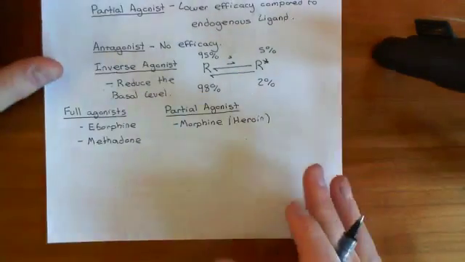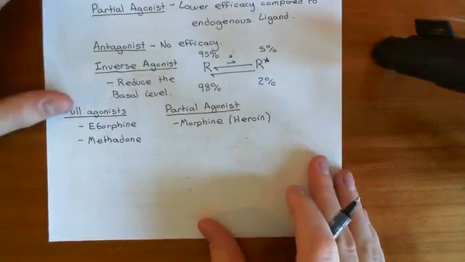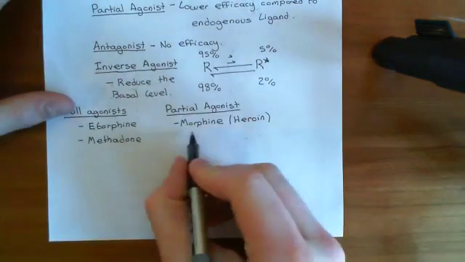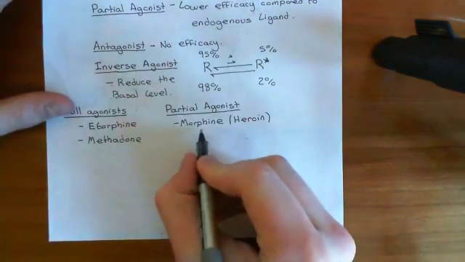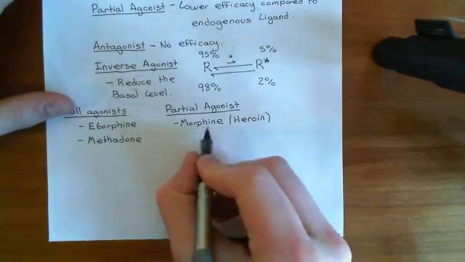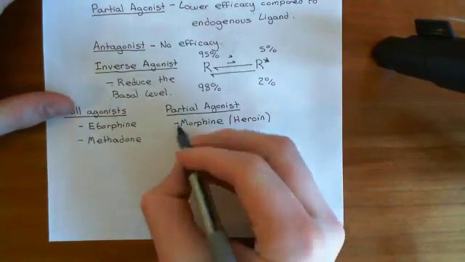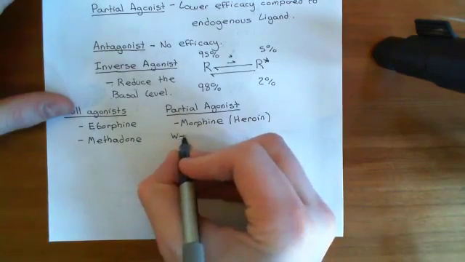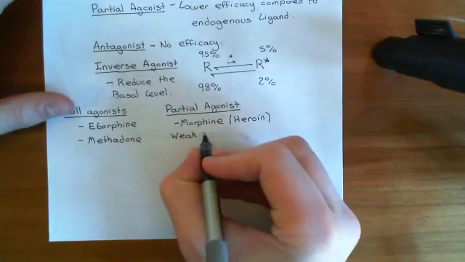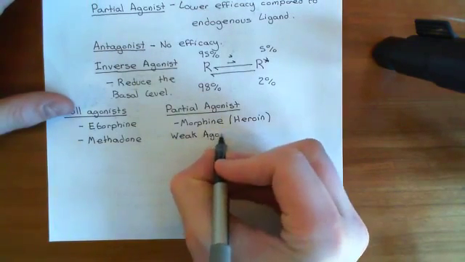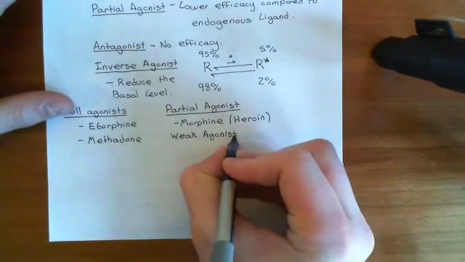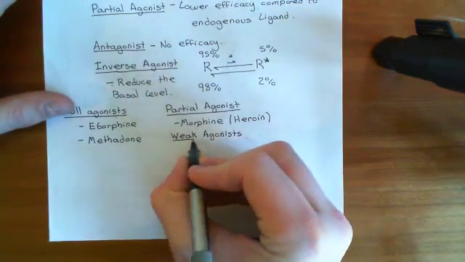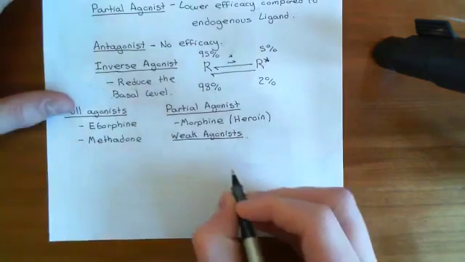Right. Other examples of partial agonists are actually weaker than morphine, they're less good than morphine. Morphine's a reasonably strong partial agonist. The ones we're coming on to are sometimes called weak agonists, but they are partial agonists. This is just to get across the point that they are weaker at activating the receptor even than morphine.